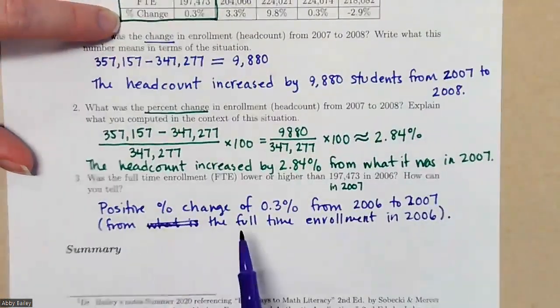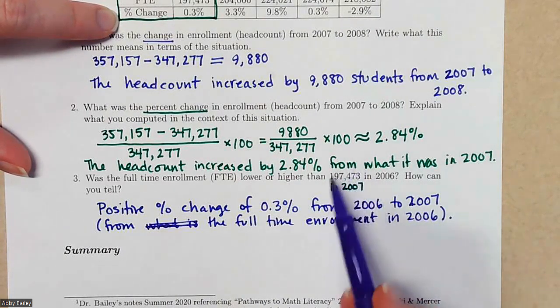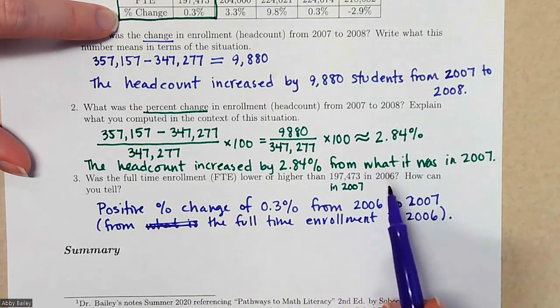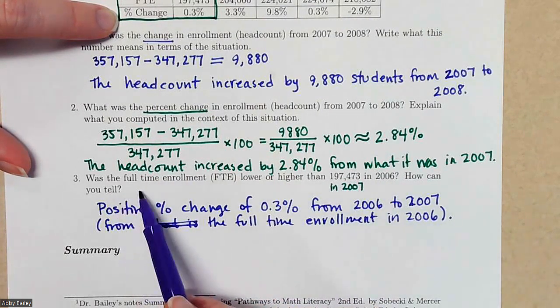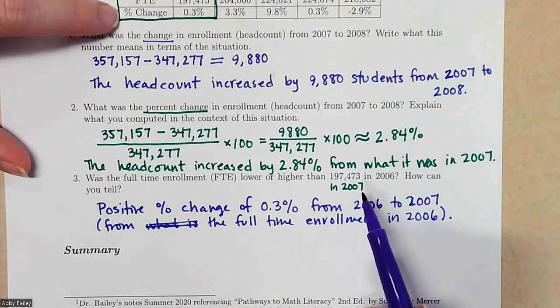Okay, so if there was a positive change from 2006 to 2007, that means there had to have been fewer students in 2006.